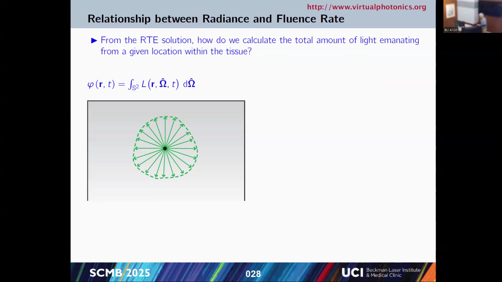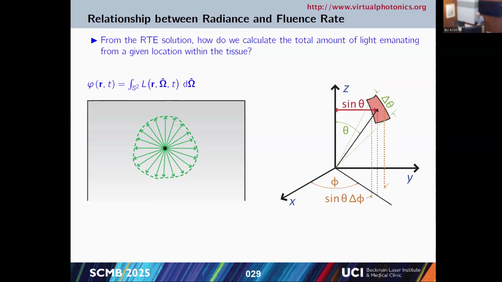So how is that done? Okay, we go to our old friend, spherical coordinates. I'm a simple-minded person. You have two angles of importance: the polar angle, theta, and the azimuthal angle, phi. I always think about it because I loved looking at globes when I was a kid.